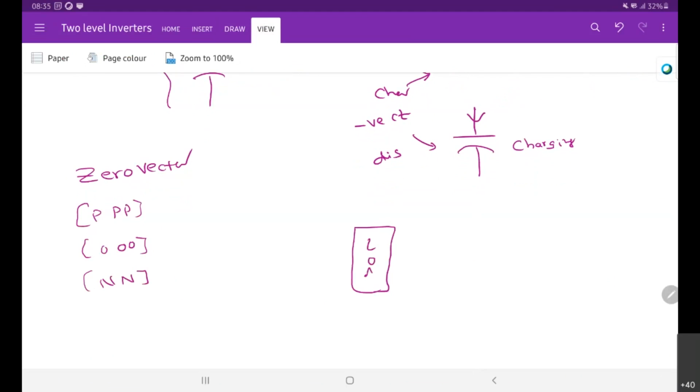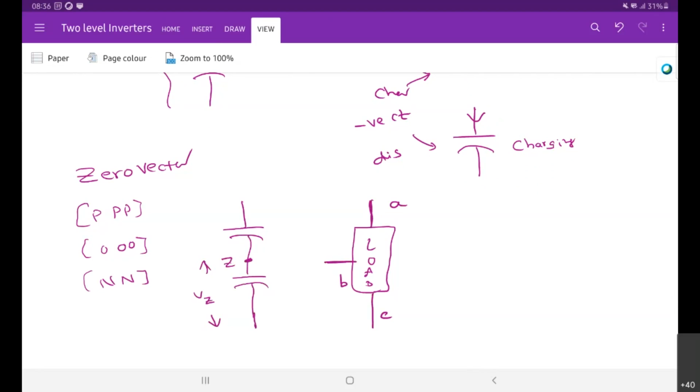This is the DC source, or the capacitors, and this point is Z. This is VZ, the neutral point voltage. We have these three phases: A phase, B phase, and C phase.